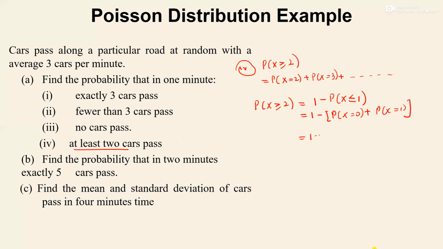That is equal to 1 minus, e to the power minus 3, 3 to the power 0 over 0 factorial, plus e to the power minus 3, 3 to the power 1 over 1 factorial. By simplifying this, we can get the probability. For part B, after erasing this, I am writing for part B.